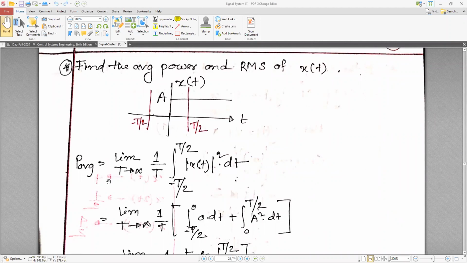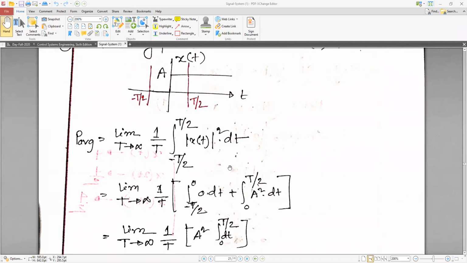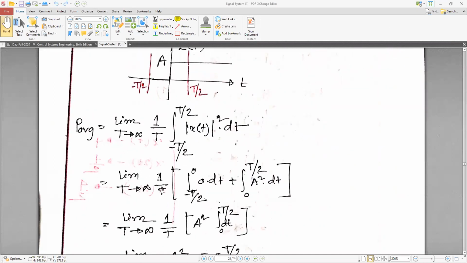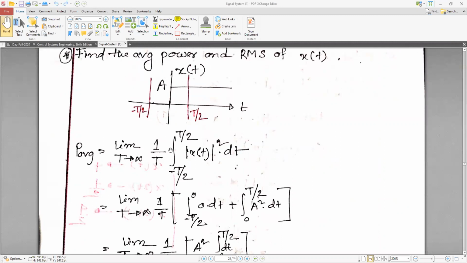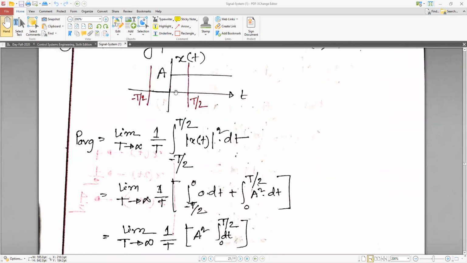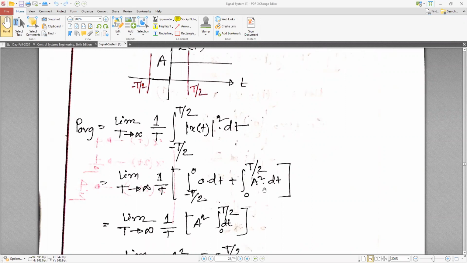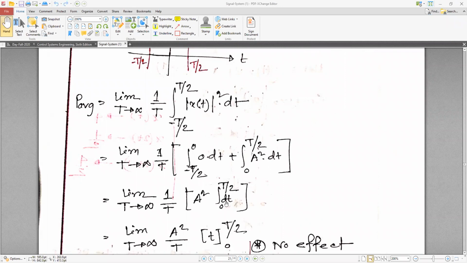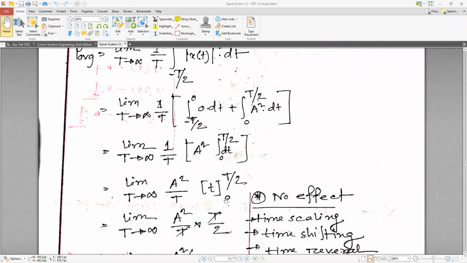Figure is given. So limit T tends to infinity, 1 by T, integral from minus T by 2 to T by 2 of x(t) whole squared dt. That is for the non-periodic signal. Now 1 by T, minus T by 2 to 0 is 0, and here the value is A squared because x squared, so A squared. So only this value remains.